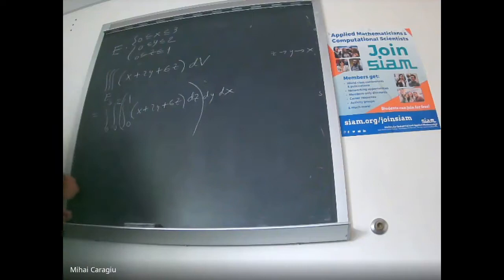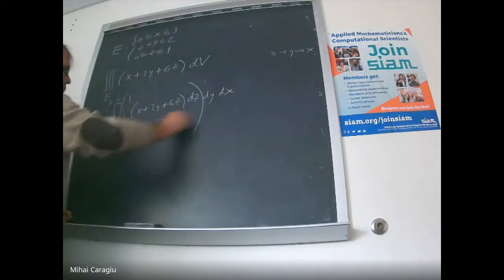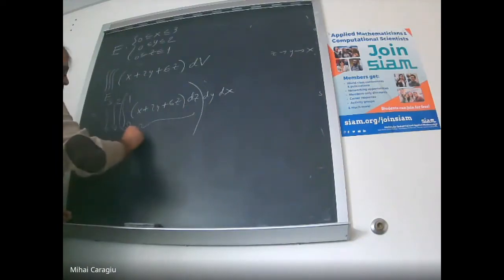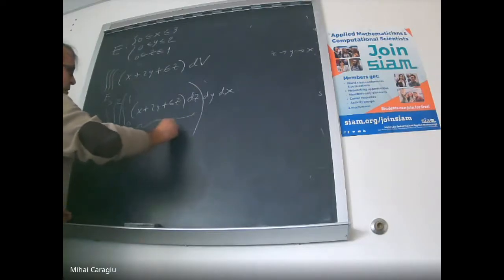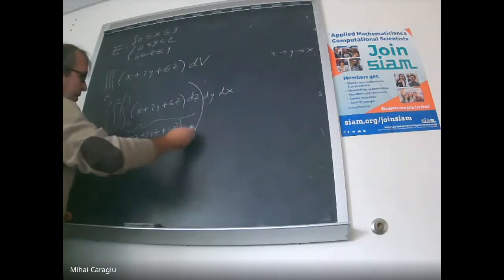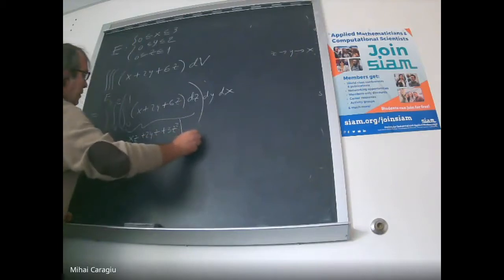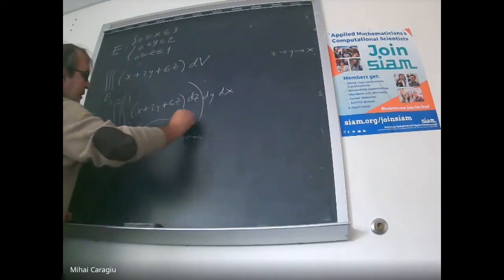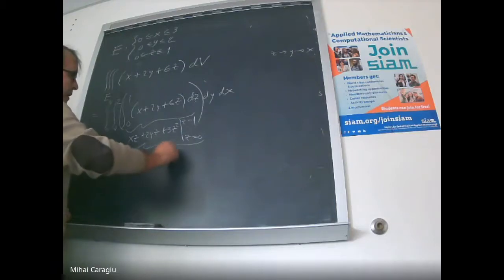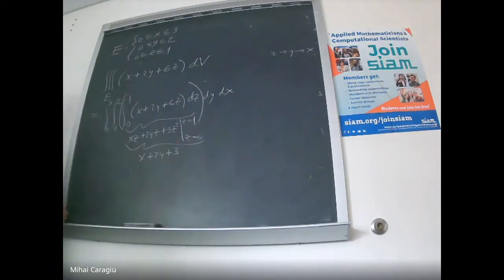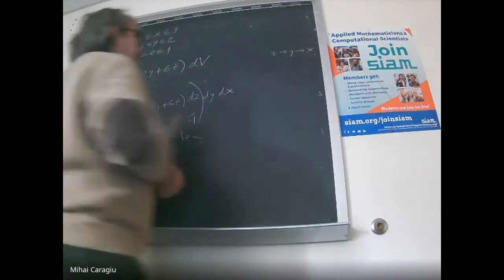Okay, so let's do the inner integral. This will be xz plus 2yz plus 3z squared between z equals 0 and z equals 1. That means x plus 2y plus 3. So we got a double integral.